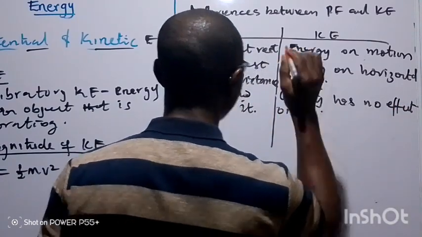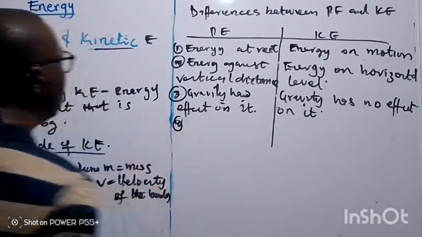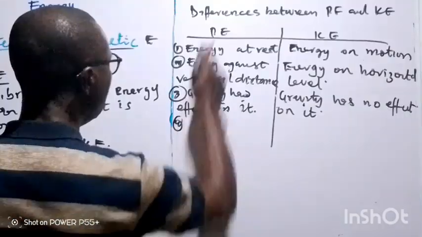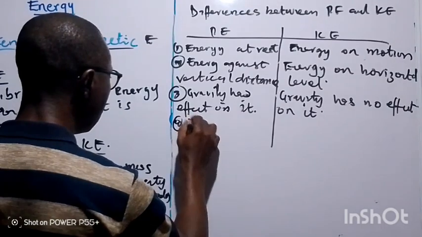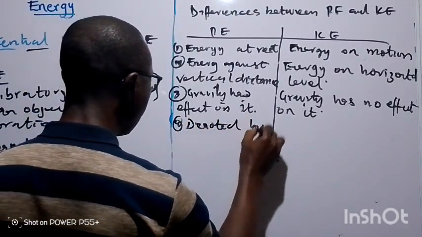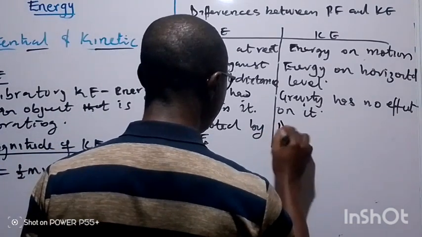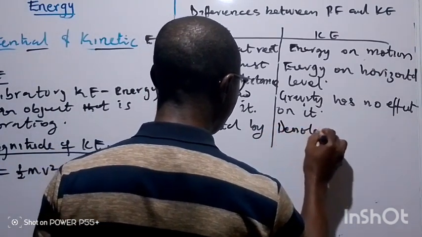Then the last, number four, this one is denoted by PE, while this one is denoted by KE.